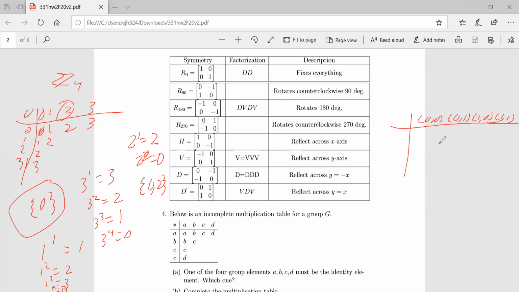What happens here? Is there any generator for the whole group? What did I say the interesting thing about Klein-like groups is?